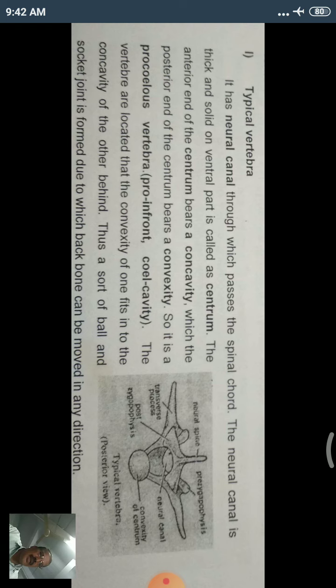In the center there is a neural canal, then the neural spine, pre-zygapophysis, transverse process, and post-zygapophysis. Then the convexity of centrum, typical vertebra, posterior view. Posteriorly there is a convexity, anteriorly there is a concavity. So the typical vertebra is the procoelous vertebra.